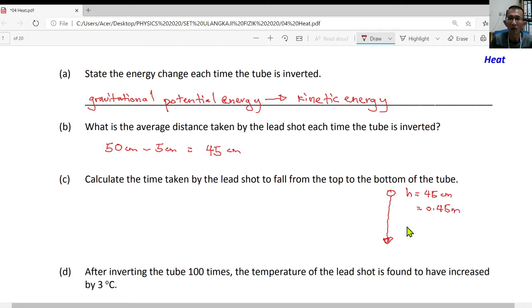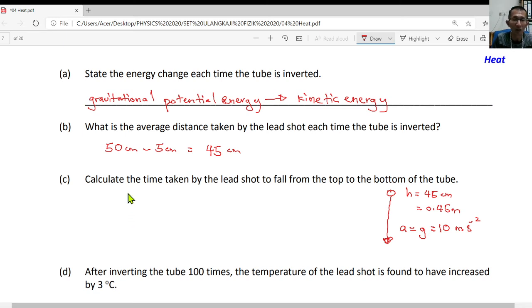It falls down with the gravitational acceleration, a equal to g, that will be 10 meter per second square. Alright, so can you see where I'm leading you to?